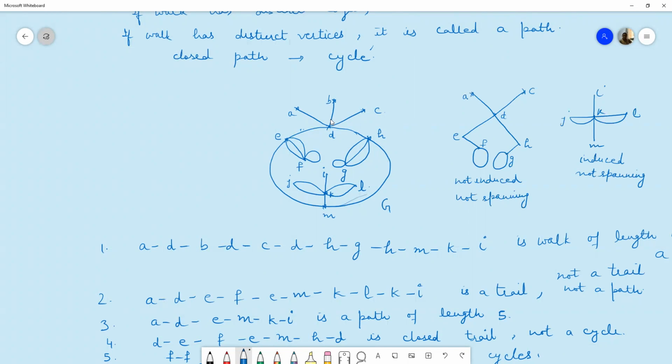Then we take this portion. Now this is D, A, B, C, H. Now this is G, K, L, I, J, M, and this is E, this is F. Now we take this subgraph.